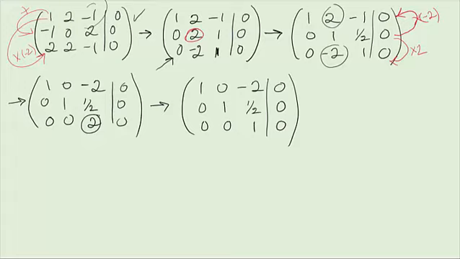Now I will use the third row, I have a 1 there now, to eliminate the entries in the third column other than 1. So I'm going to multiply that row by -1/2 and add it to the second row. And then I'm going to multiply it by 2 and add it to the first row. And then I will get the identity matrix to the left of the vertical bar.